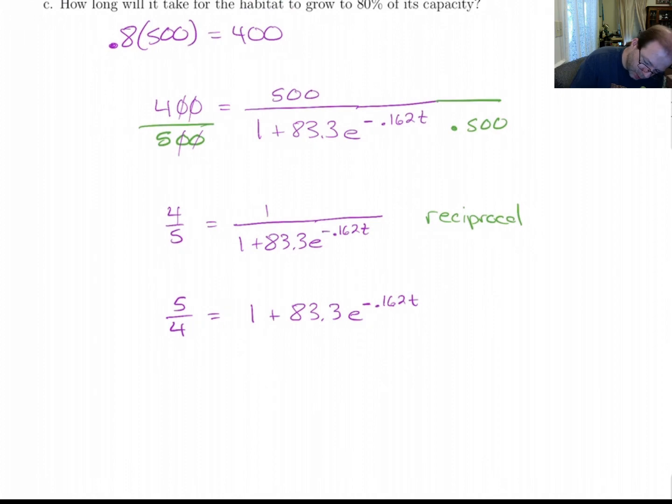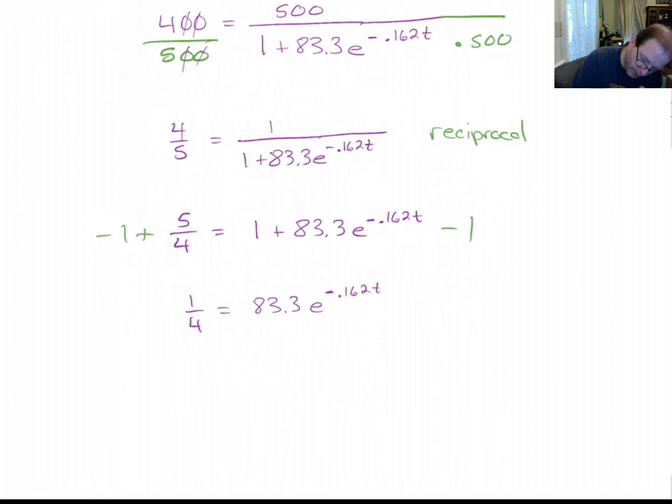Now I'll subtract this 1 from both sides. Negative 1 plus 5/4 is 1/4. Then I'll divide both sides by 83.3.